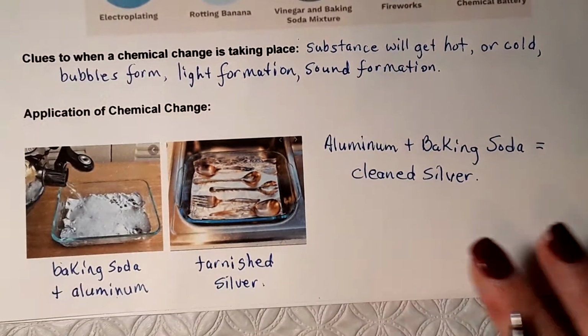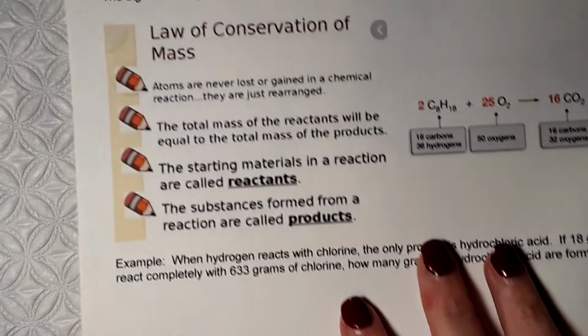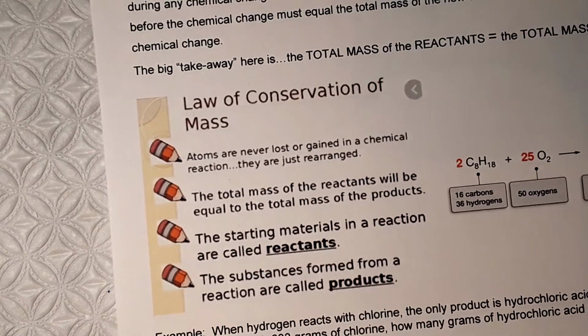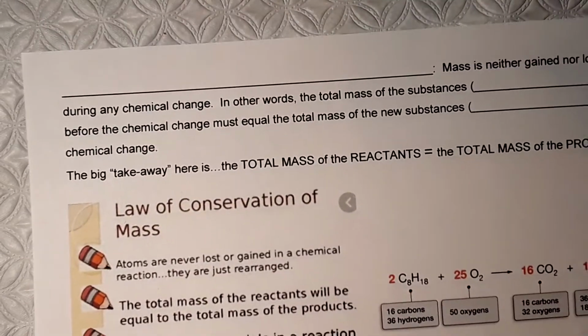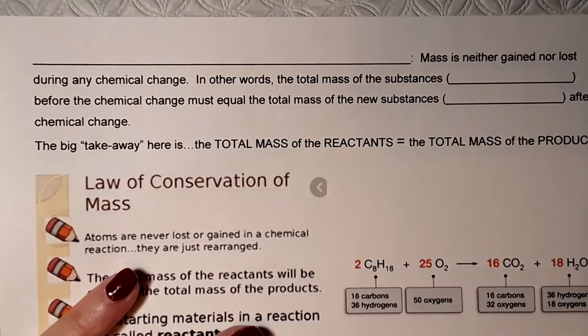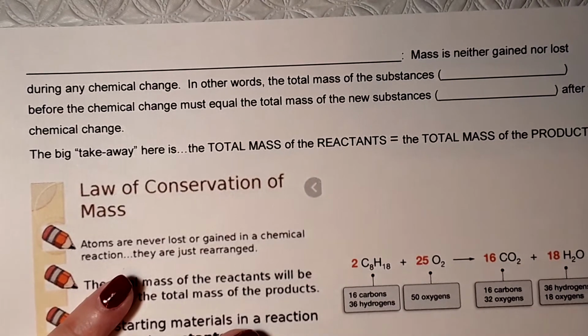Kind of cool, huh? All right, not much more, guys. Last thing I want to look at. Some people think that when you go through a chemical change, you won't have the same substance anymore. And that's true. That part is true. You get one or more new substances when one substance goes through a chemical change.